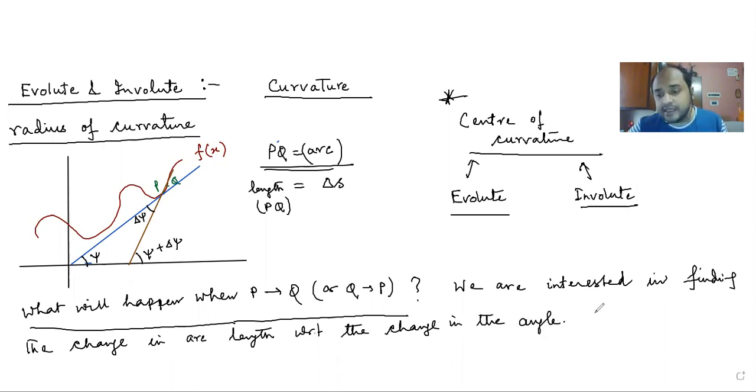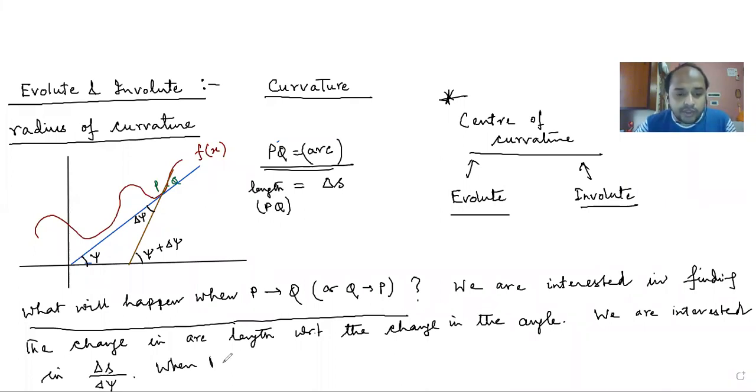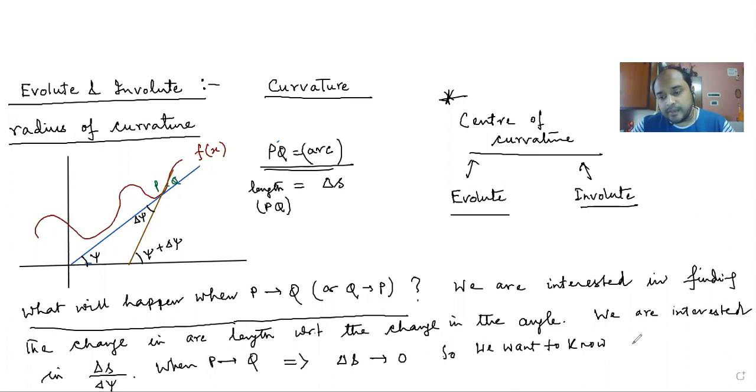So we are interested in the ratio delta s by delta psi. When P tends to Q, this implies that this arc length delta s is diminishing. So we want to know the limit as delta s tends to 0 of delta s by delta psi.